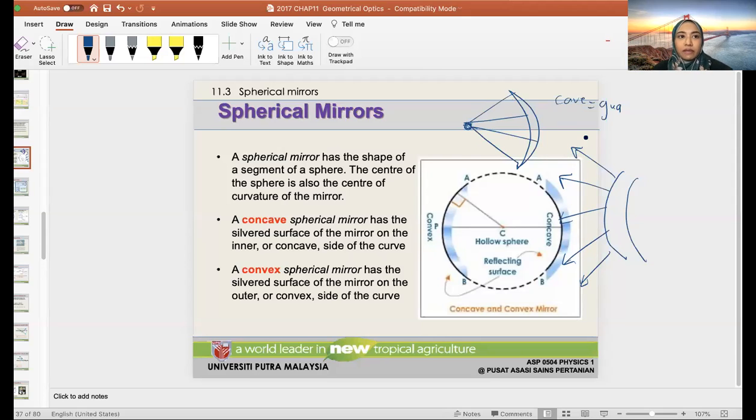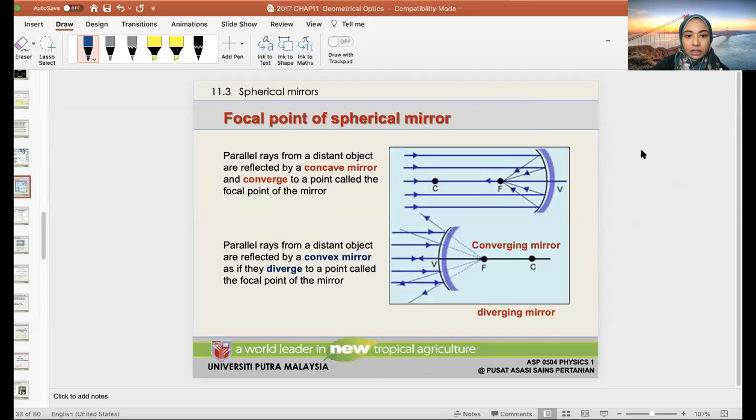The convex, the other one, diverges the light. So diverge and converge. This one bulges out, so light also goes out, diverges. So that is the difference between concave and convex.